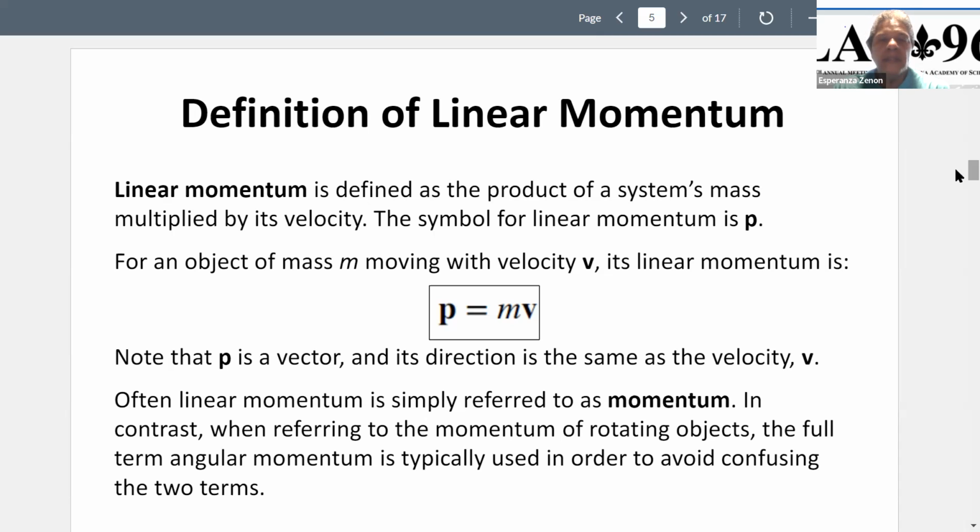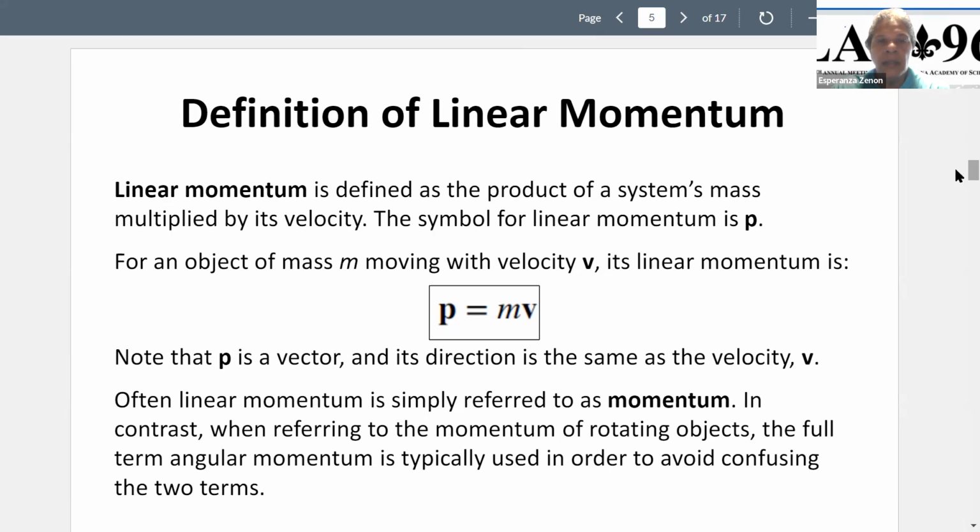There is a property called angular momentum for an object that's rotating or moving in a circle, but we don't focus on angular momentum. A lot of times you hear linear momentum just referred to as momentum. They don't always say linear momentum, but if they do, you know that they're talking about momentum.